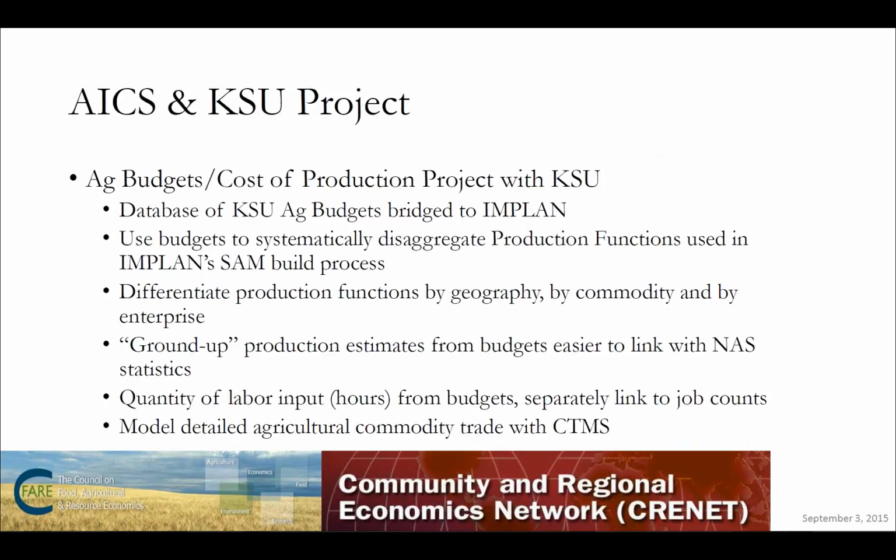There's an opportunity, I thought, that we could utilize the data that is available at KSU on both ag budgets and cost of production data, so that we could systematically use the budgets to disaggregate the production functions in the IMPLAN SAM build process for the ag sectors and do this systematically, since we're re-engineering how SAMs are built, and if we can use the data from the budgets to disaggregate in systematic form the production functions, then I think we're making some progress on doing things in a more systematic fashion.